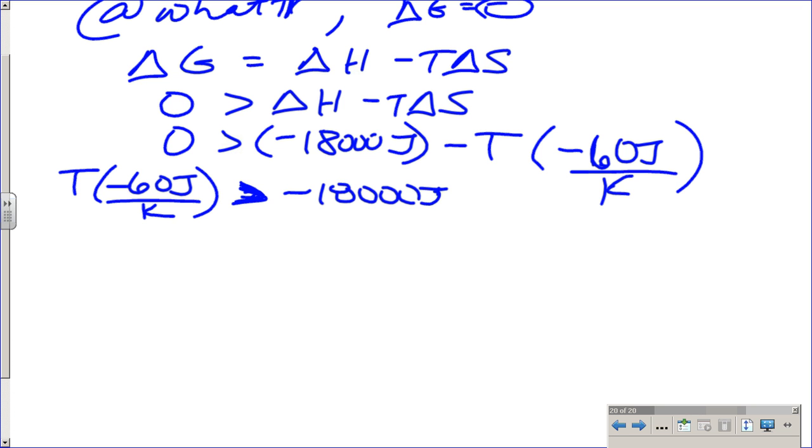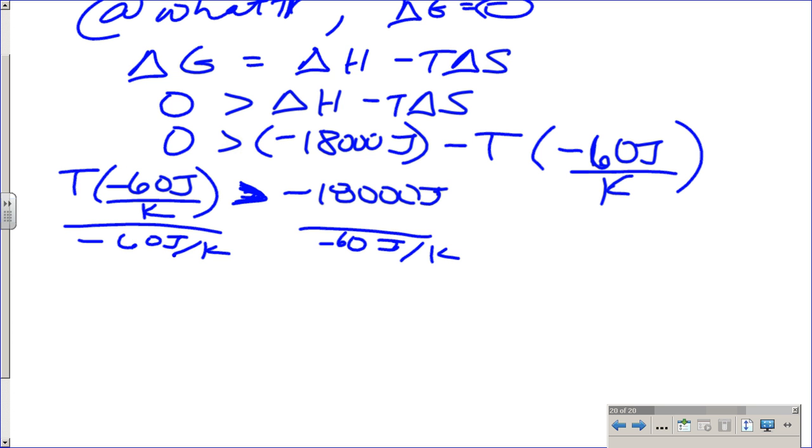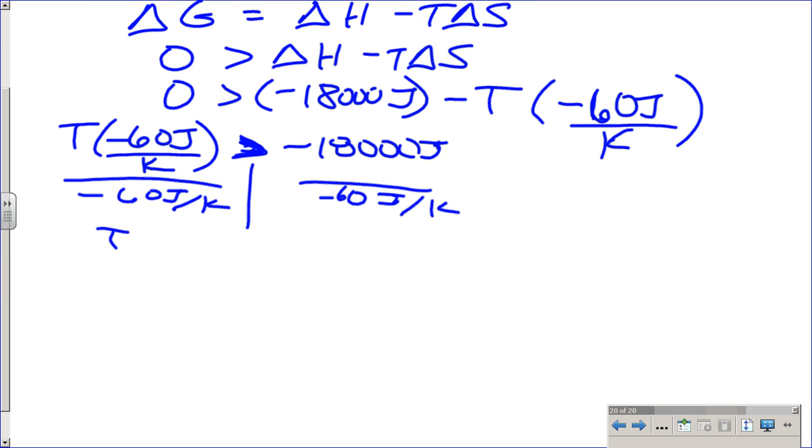This is still greater than. So negative 60 joules per Kelvin divided by negative 60 joules per Kelvin. So then T is less than, I'm flipping my sign right here, T is less than 300 Kelvin. So if T is less than 300 Kelvin, the reaction is spontaneous.